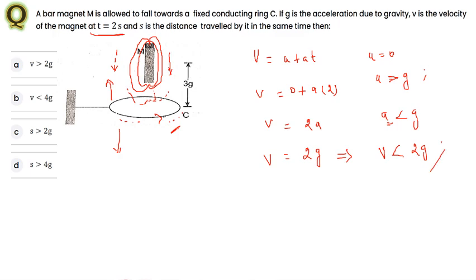This is one concept: if v is less than 2g you can use it here. At 2 seconds you can mention it as 2a, so 2 into 2a, which means v is less than 4a, and a will be equal to g. So this will be the answer.